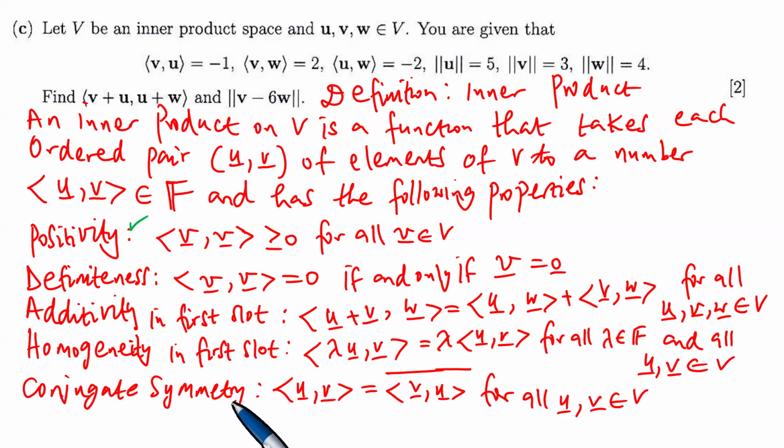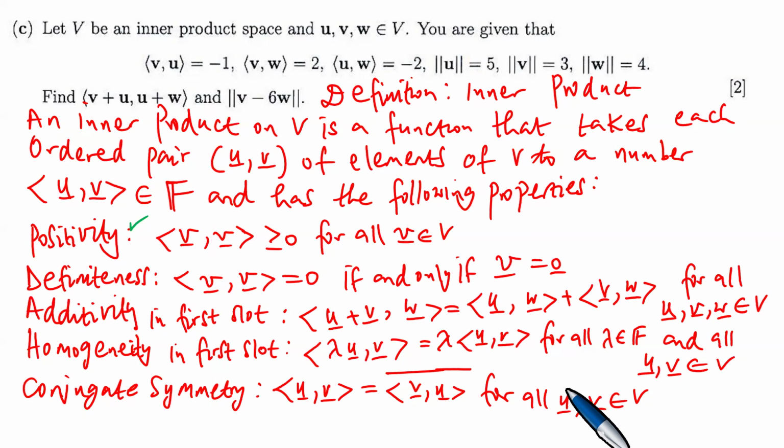Now, the conjugate symmetry: the inner product of U and V is exactly the same as the inner product of V and U with a complex conjugate over the reversed order, for all vectors. This is very important.